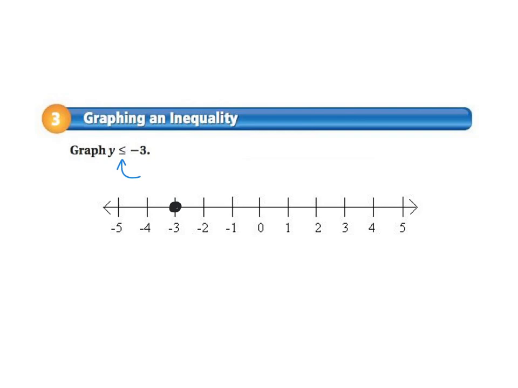Now, since this says less than or equal to, I know that all of the numbers that are less than -3 are part of my solution. And remember, when you see less than, that means to graph to the left. So you just draw an arrow moving to the left and you're done. So this shows that all of these numbers work for this inequality, including -3.